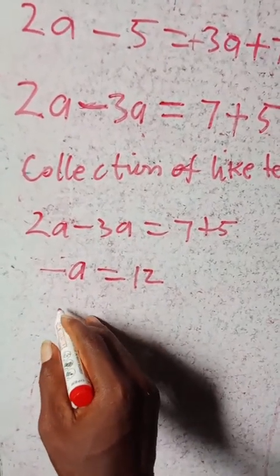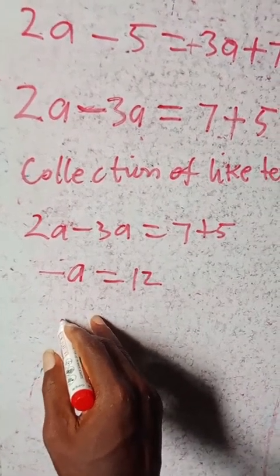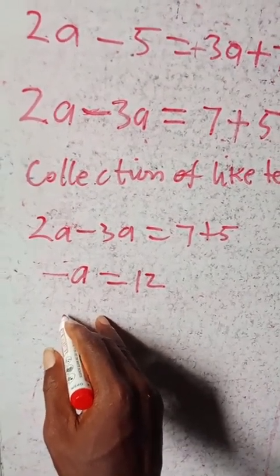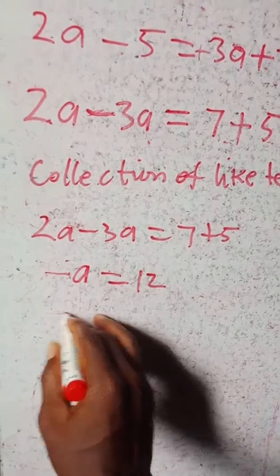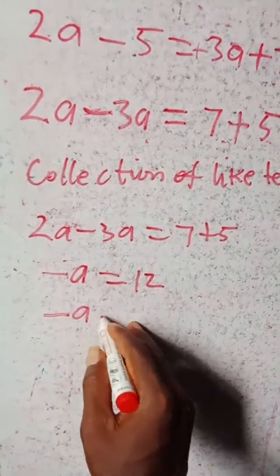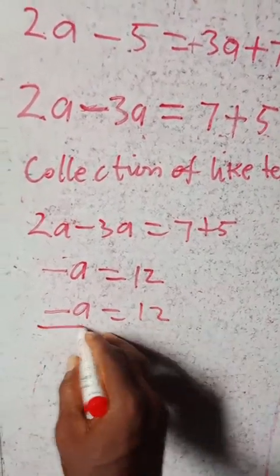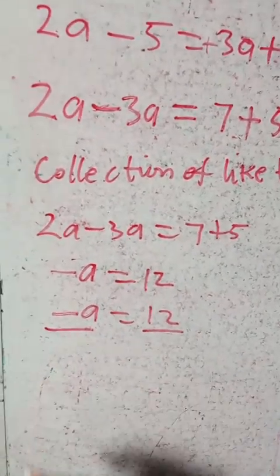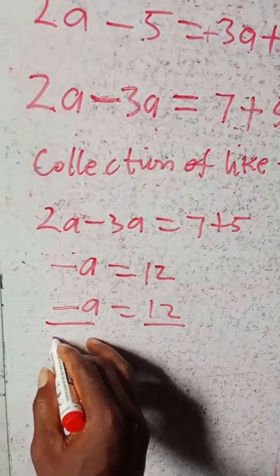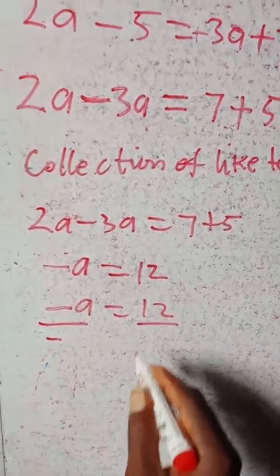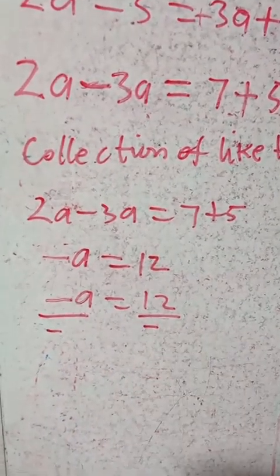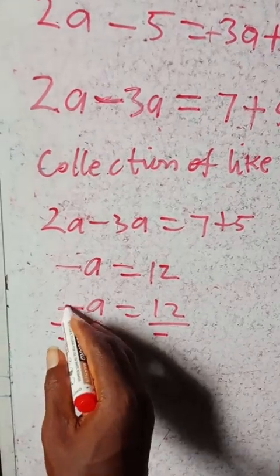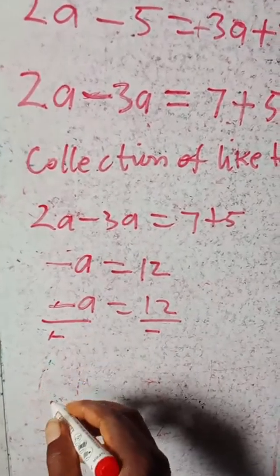I told us that you always divide both sides by what is with the alphabet. So minus a is equal to 12. I'll divide both sides by what is with the alphabet, which is minus. So I'll divide that by minus also. Minus divided by minus is plus.